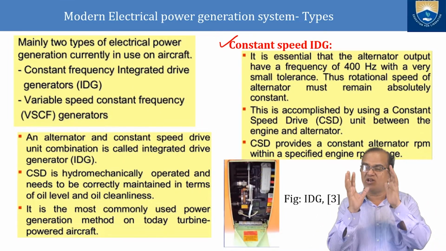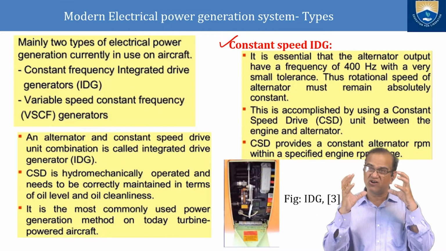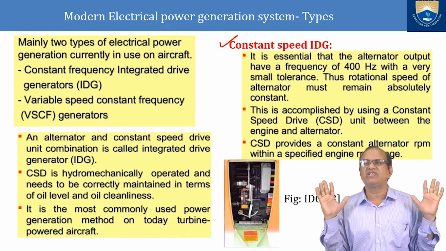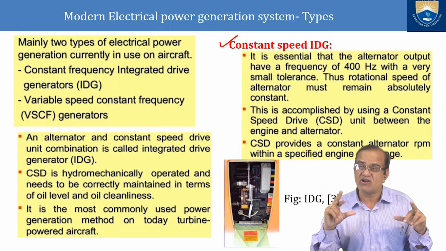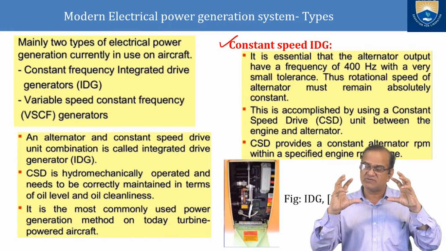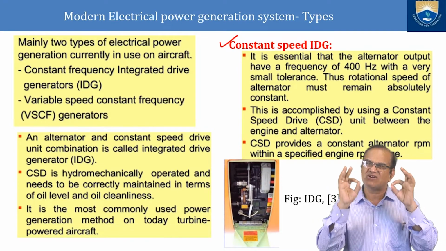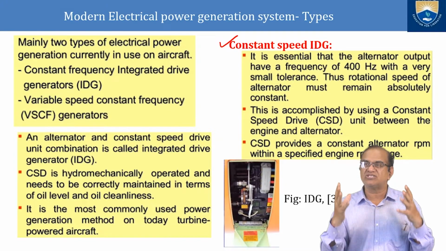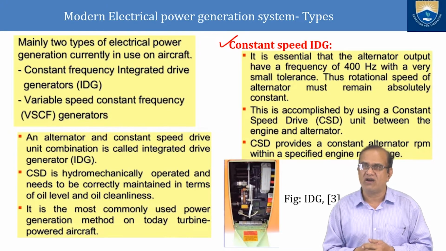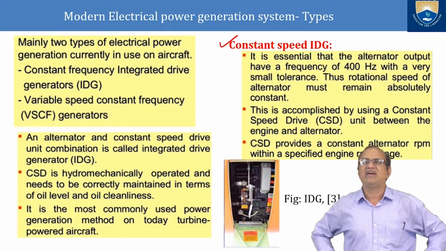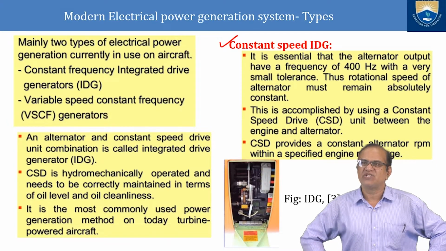So we have a small unit. That unit will give a constant speed, whatever the speed of the engine may be. This constant speed drive is a special type of gearbox, and this gearbox will always give a constant speed, so that a constant frequency of 400 Hz can be achieved by the constant speed IDG system.